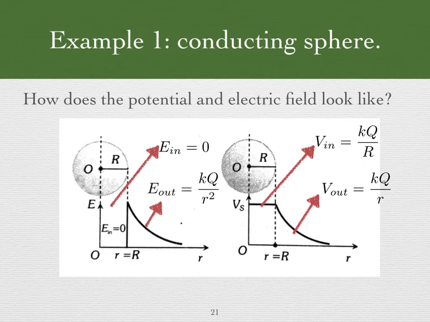And for the potential on the surface, we can just imagine shrinking the entire ball into a point, then use the point charge potential to calculate the potential on the surface of the ball. So it's kind of like a limit of the V out.